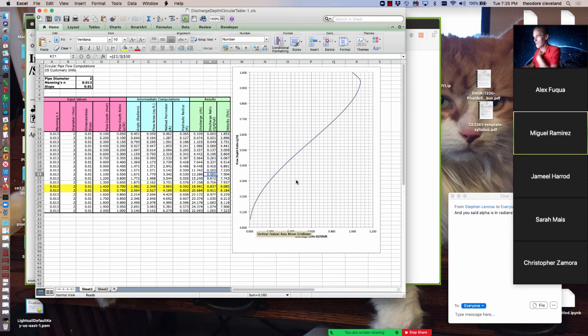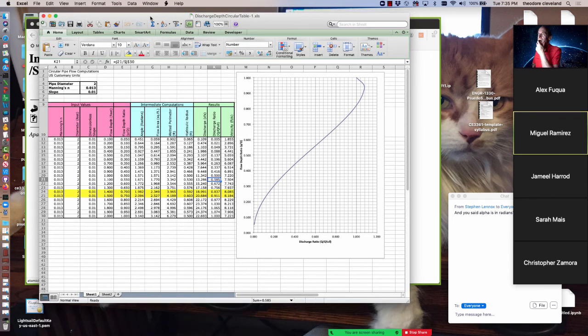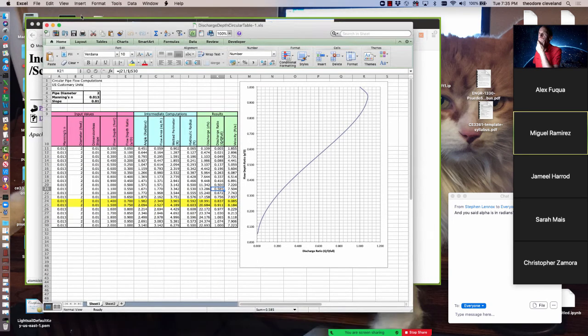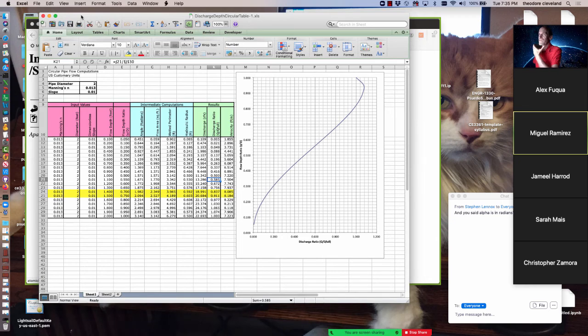And plotted it. See your mouse moving, but it's still on the Atomic Kitty website. Okay. Oh, you didn't see any other spreadsheets then, did you? Oh, that's embarrassing.